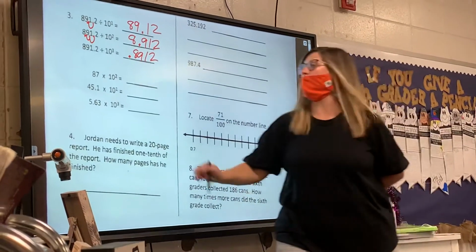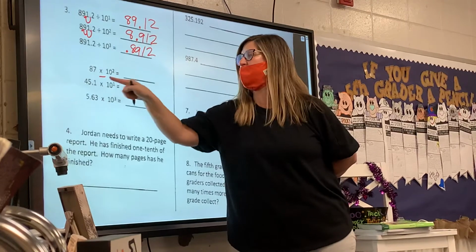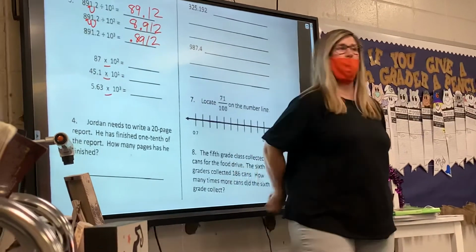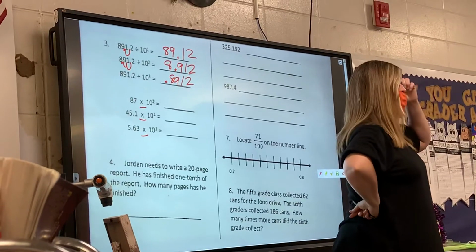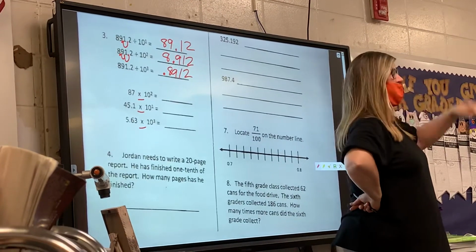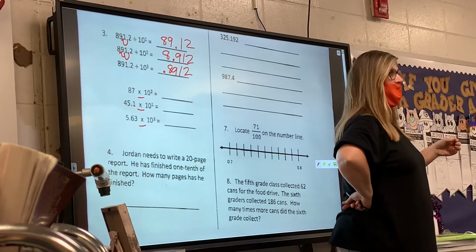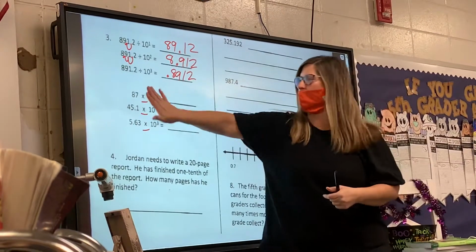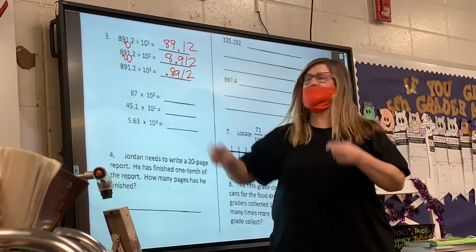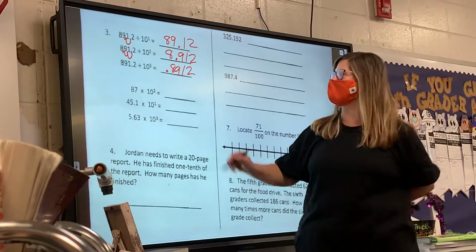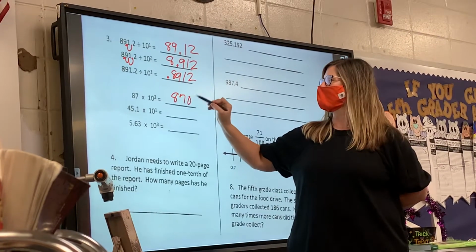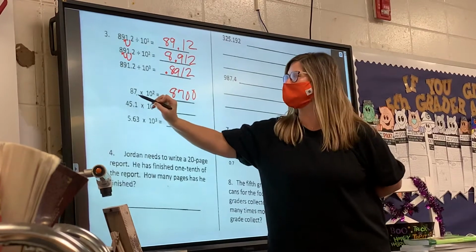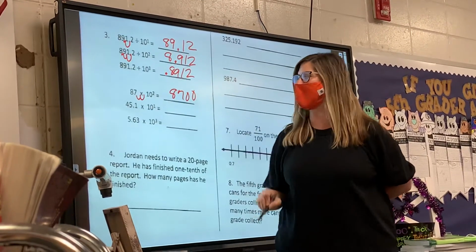All right, on this section, pay good attention. It's up to you to pay attention, right? Read the sign. On this one, you're multiplying, so you're going to move the decimals in a direction to make your whole number what? Bigger most of the time, correct. All right, so 87 times 10 to the second power, what'd you get, Kamari? 8,700. Correct. The decimal on 87 is at the end, so I move it 2 times.